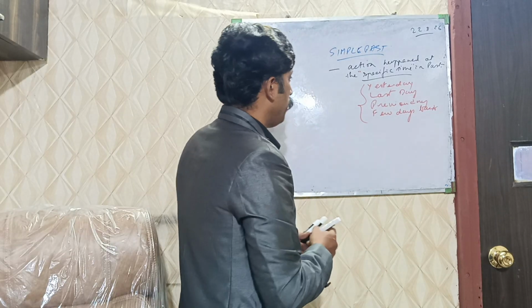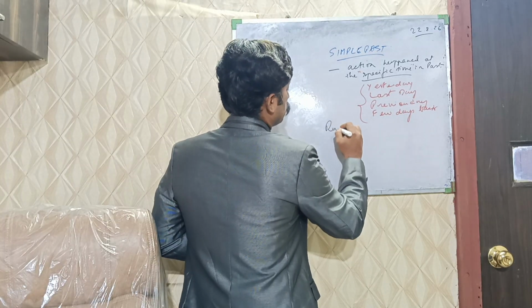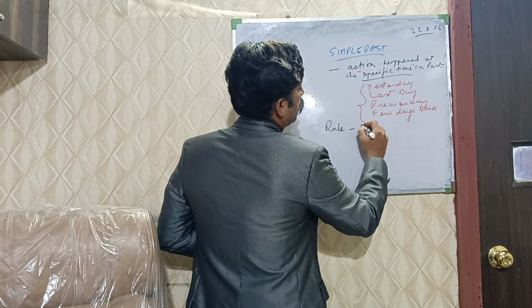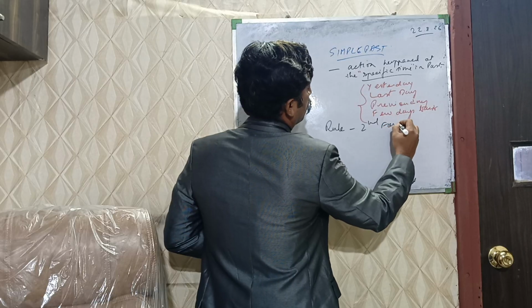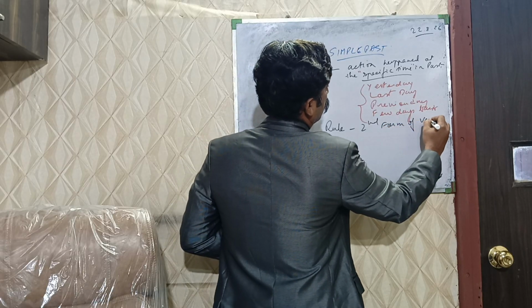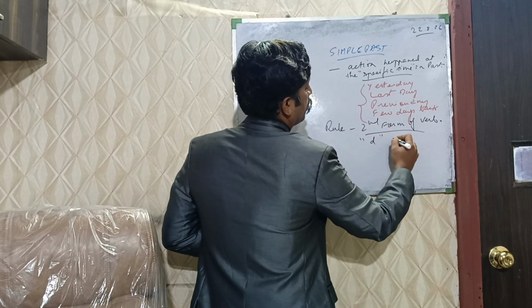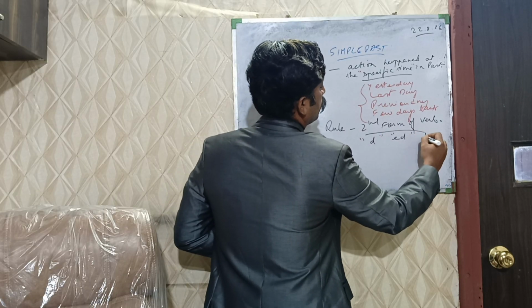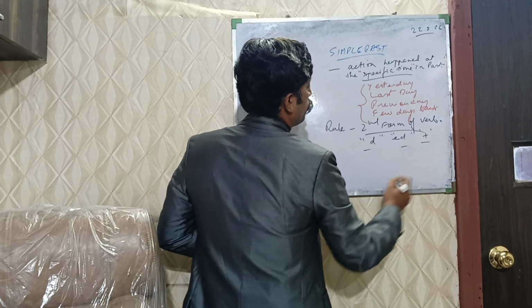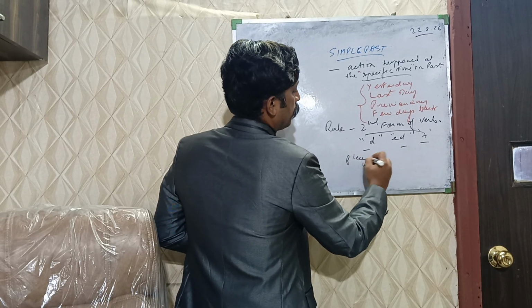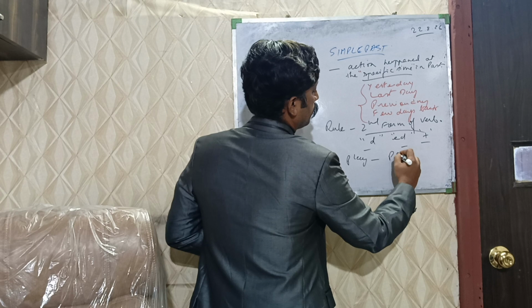And the rule is that you have to use the second form of verb. You have to use d, ed, t. Suppose the verb is play, so you will use played.